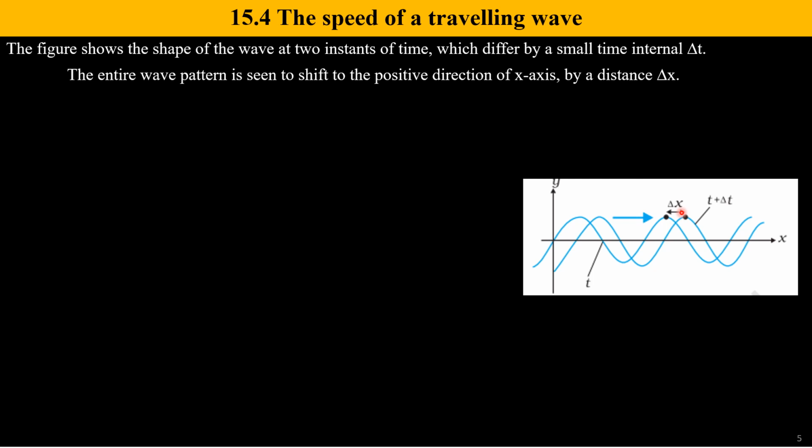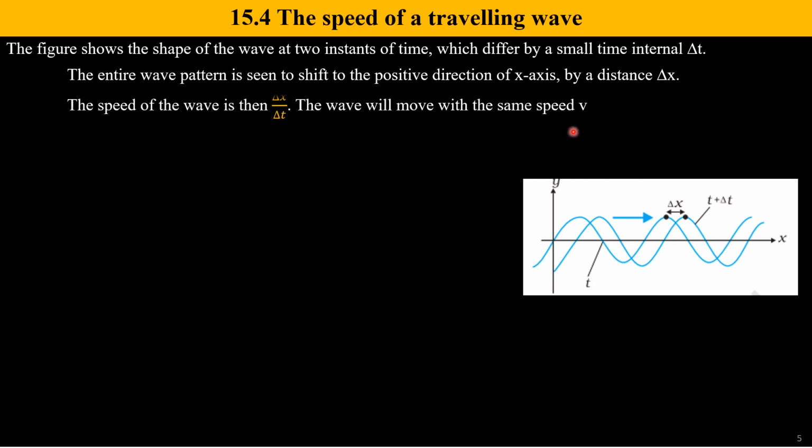The speed of the wave is given by the relation delta x by delta t. The wave will move with the same speed v. The motion of a fixed phase of a point on the wave, that is the dotted point on the crest, is given by the relation kx minus omega t is equal to constant.